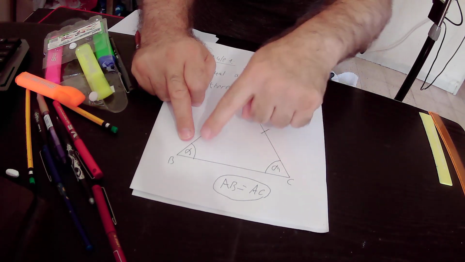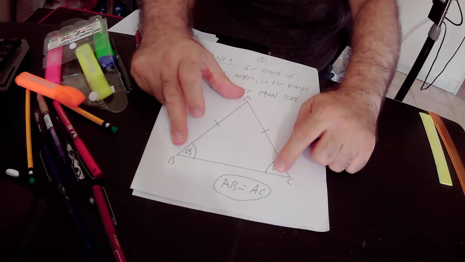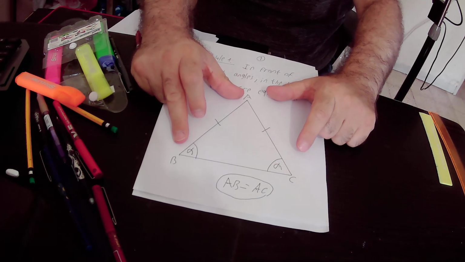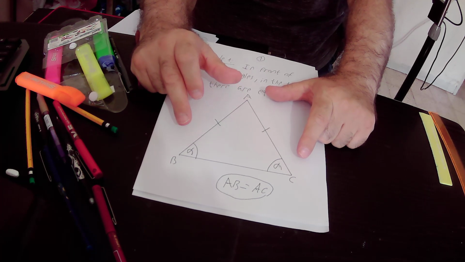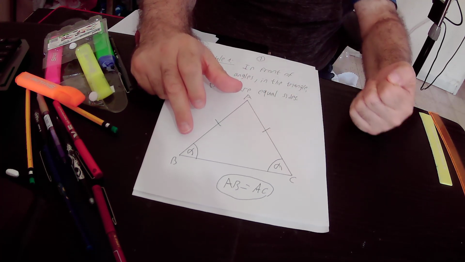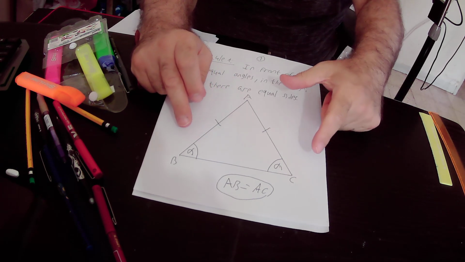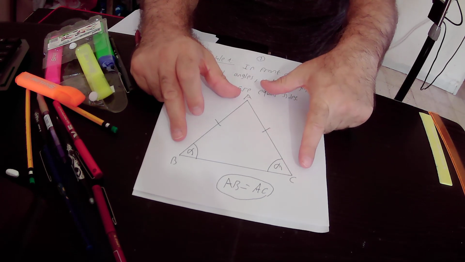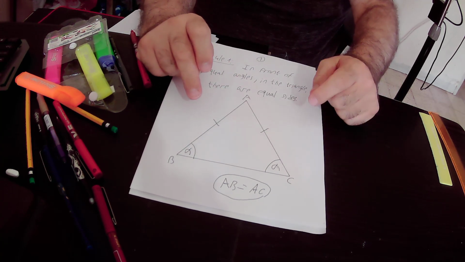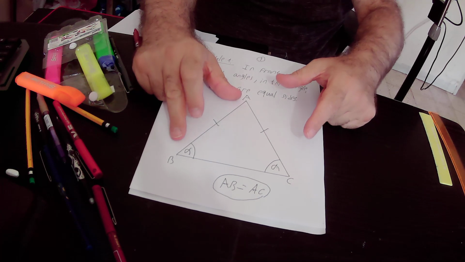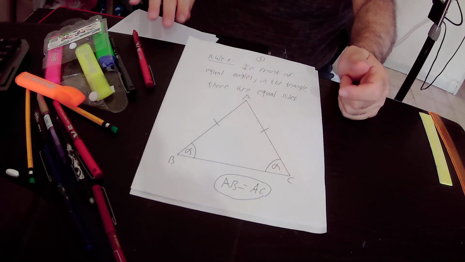Side AB is in front of this angle alpha, and side AC is in front of this angle alpha. So the sides that are in front of equal angles are also equal to each other. That is to say, AB equals AC.